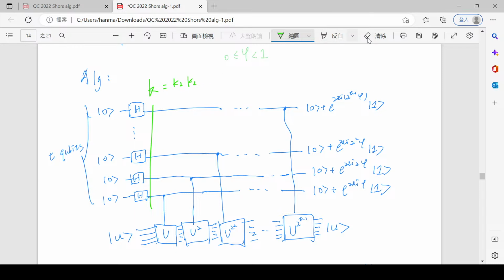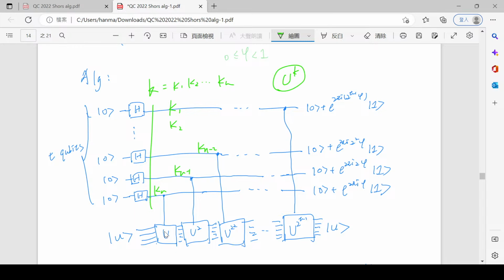And this is the last bit of k, so you control on k, let's say k equal to k1, k2, up to kn. So it's kn minus 1, kn minus 2, and this is the last bit kn of k. And when you control on k, you want to apply U to the k, right?